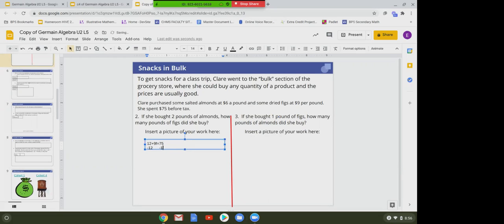Subtract 12. And I'm going to be left with 9F is equal to 63. Then to isolate that F, we had to divide by 9. And when you divide by 9, you say F is equal to 7.